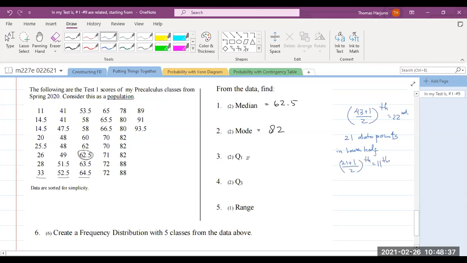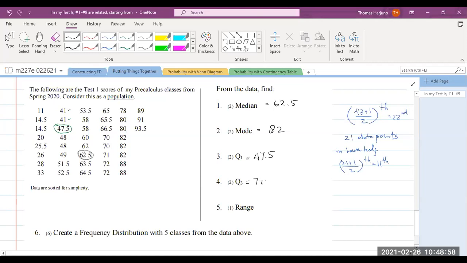Oh, nice number. So the 11th data, 8, 9, 10, 11. That's 47.5. Data number 11 from the top will be 78, huh?